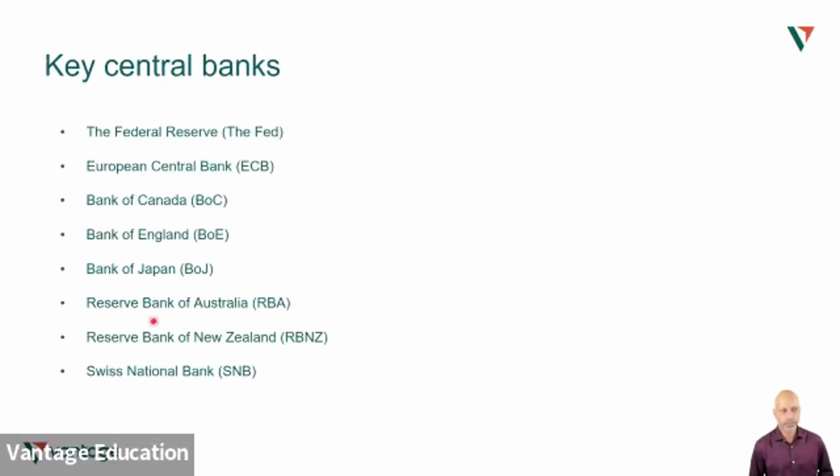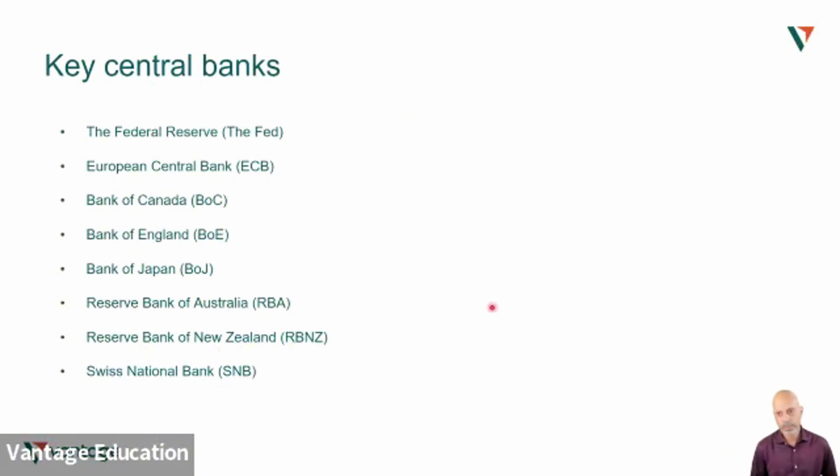Now, which are the key central banks around the world? There are many central banks around the world, but of course, the Federal Reserve is the most influential and most prominent central bank. The Federal Reserve from the United States is also known as the Fed, and we've also got the European Central Bank, the ECB, Bank of Canada, Bank of England, Bank of Japan, Reserve Bank of Australia (RBA), Reserve Bank of New Zealand (RBNZ), and of course, Swiss National Bank (SNB).